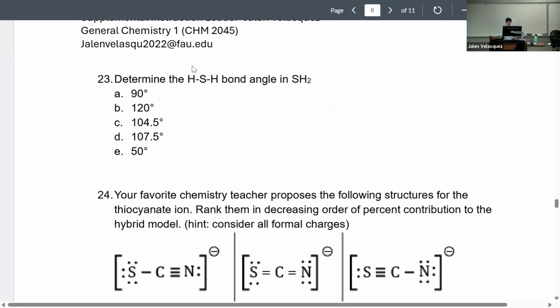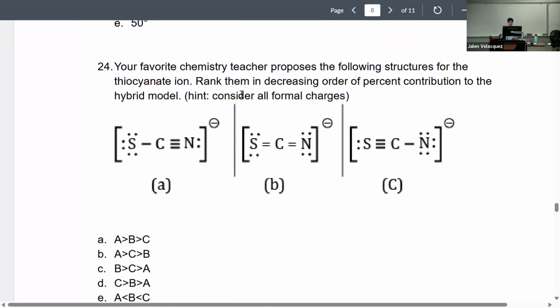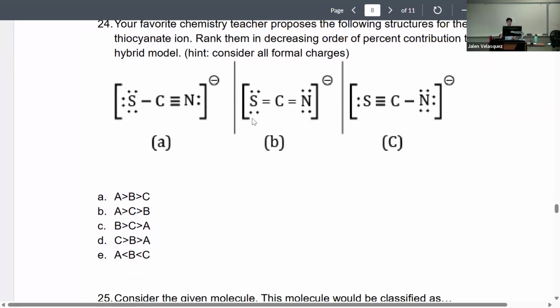All right. So 24, we propose these three resonance structures for the thiocyanate ion. Rank them in decreasing order of percent contribution to the hybrid model. So essentially what I'm asking for is what's most stable to what is least stable, right?